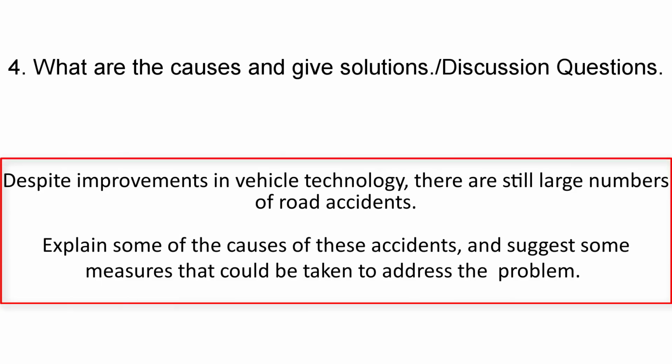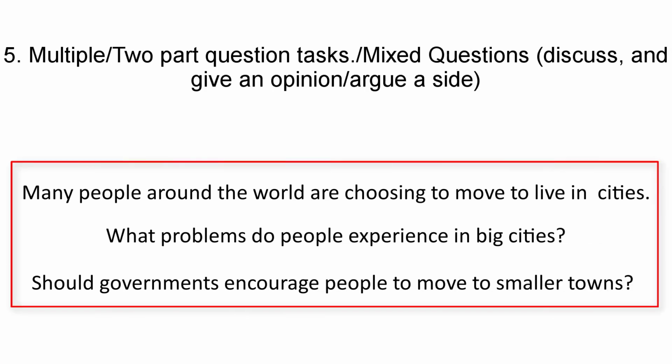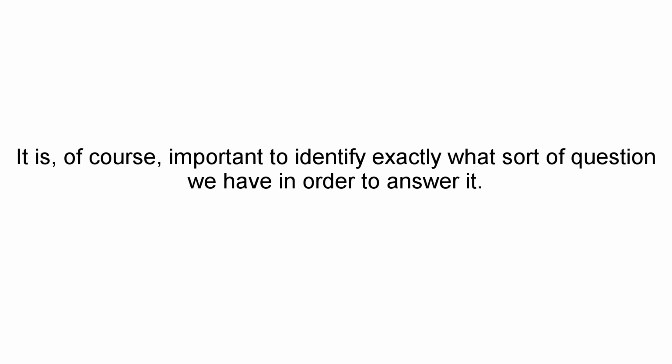The fourth one is, what are the causes, and give solutions. Also a discussion question. And then number 5 is a multiple or 2-part or mixed question where you are asked to discuss an issue and then also give an opinion or argue one side. So before you start planning your response, it's definitely important to know exactly what kind of question you're dealing with.